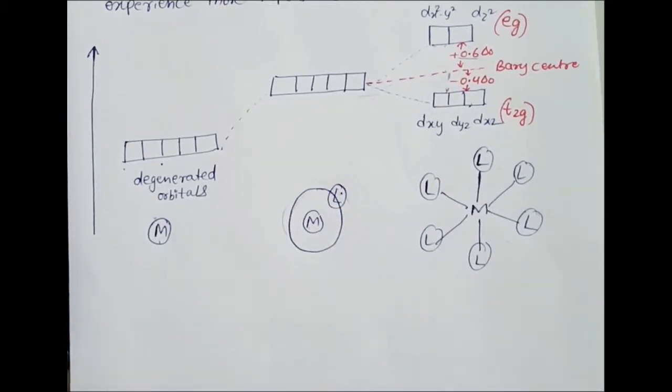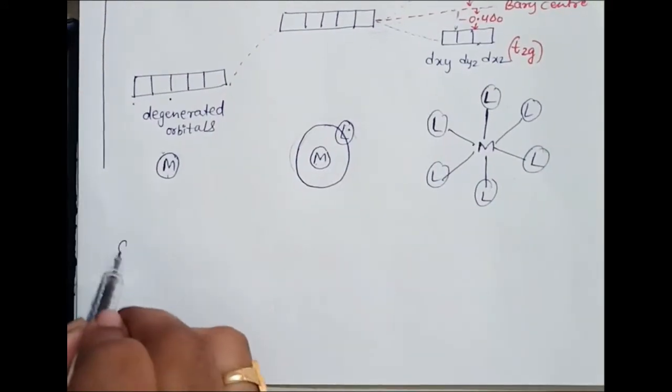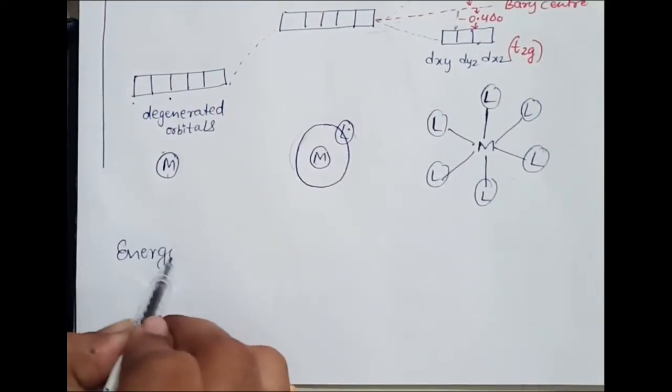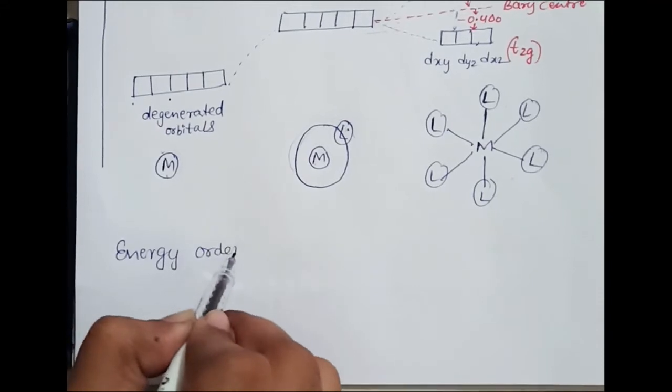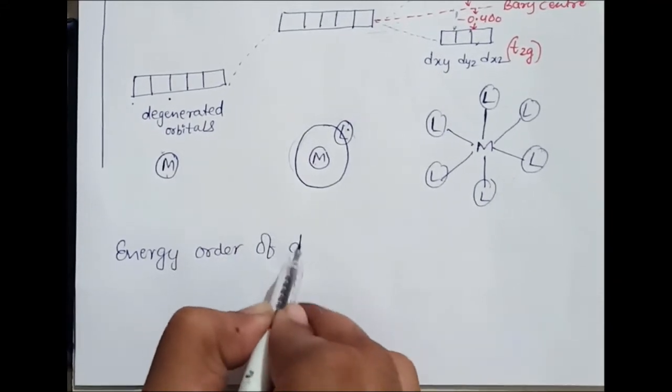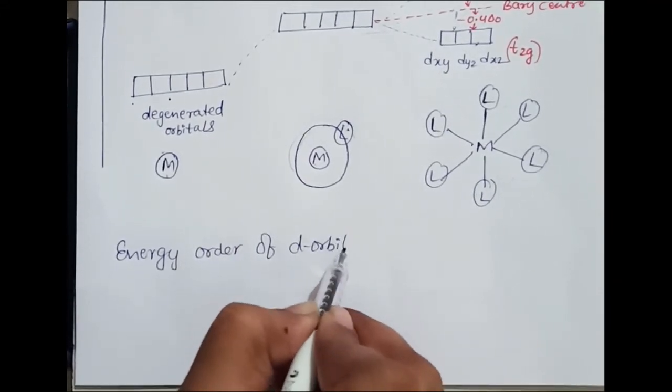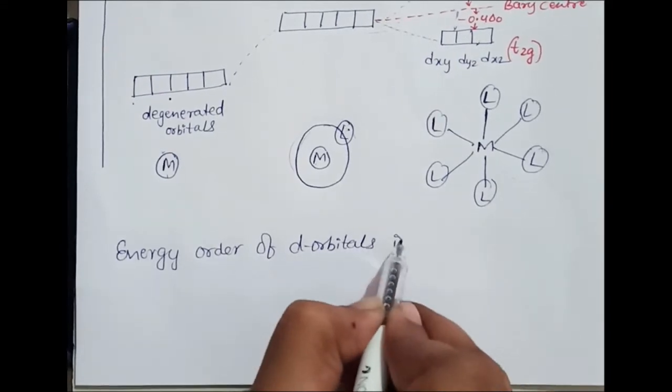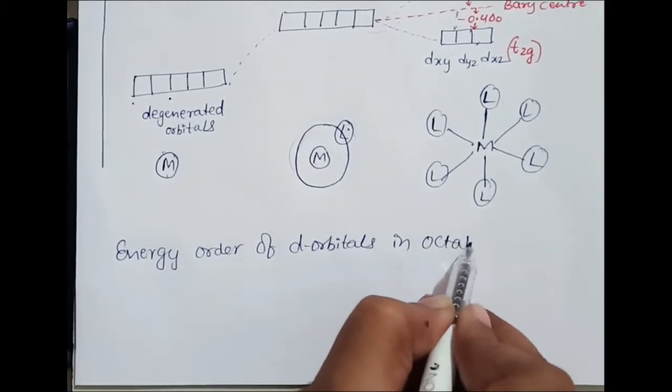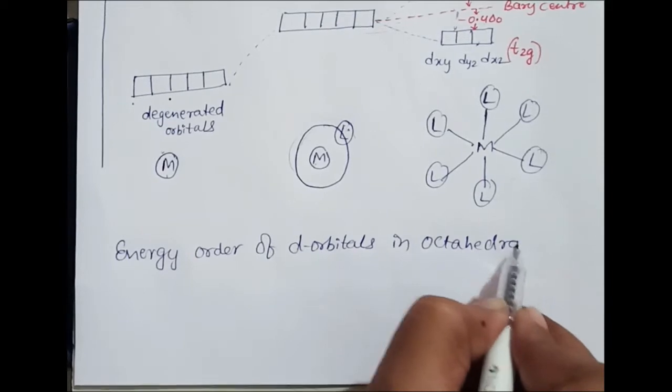So what can we write? The energy order of d orbitals in octahedral system. Yes, you tell me which one has less energy?